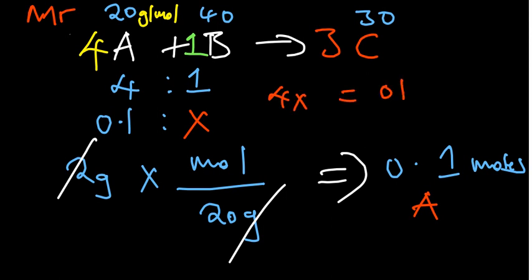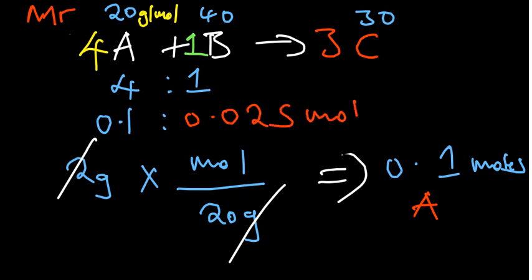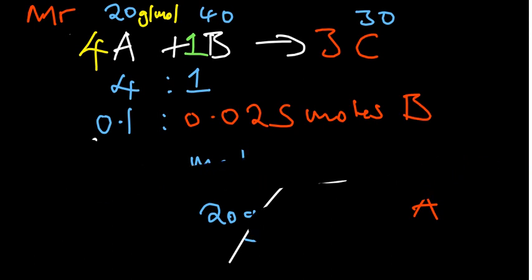Divide by 4 both sides, and you get 0.025. So those are the number of moles of B that will be required to react with the 2 grams of A.